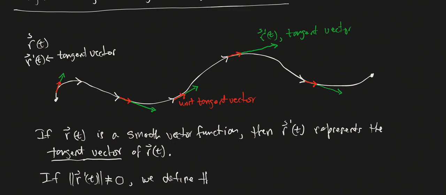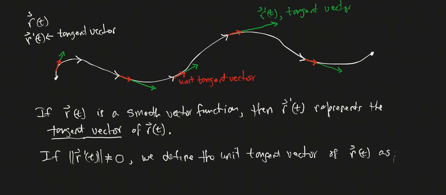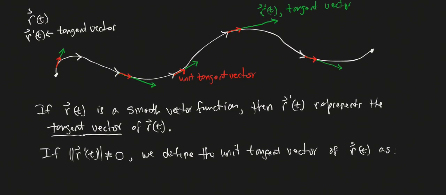we define the unit tangent vector of r of t as, right? And it even has a nice notation for it. Because it's a tangent vector and because it's unit, we denote it with an uppercase T for tangent, and it's a vector.